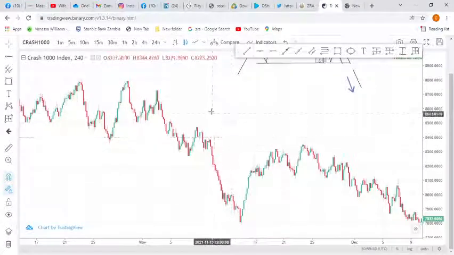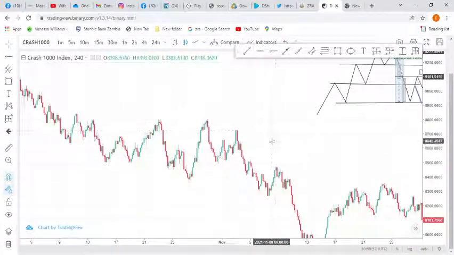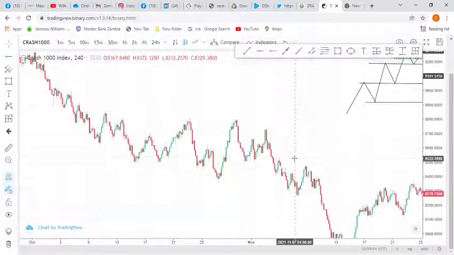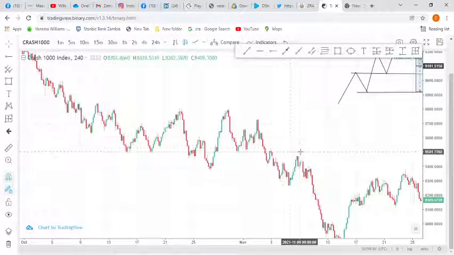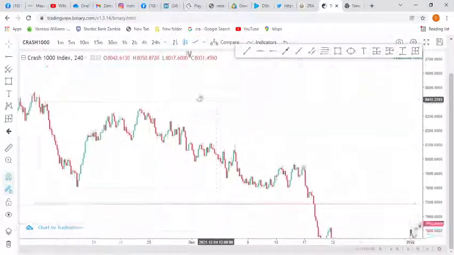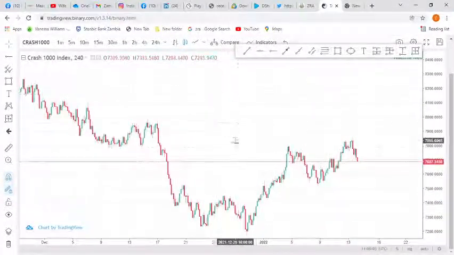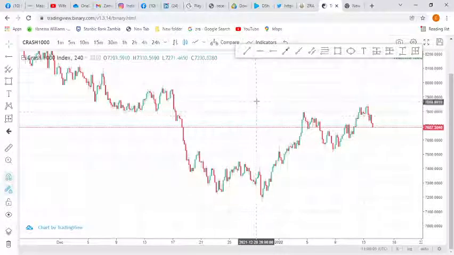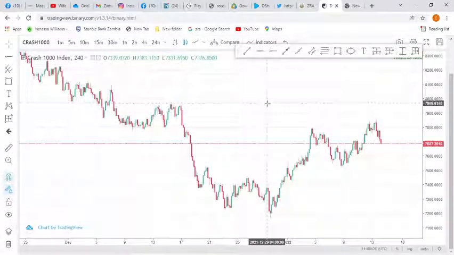So for example, let's start where the market is right now.